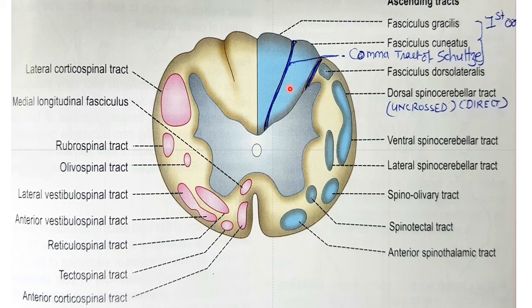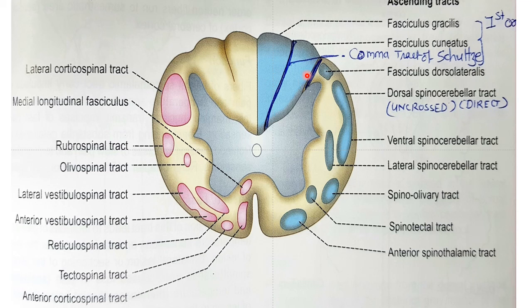So for the main ascending tracts, the white part is divided into 3 funiculi. Funiculus dorsalis has 2 main tracts, fasciculus gracilis and fasciculus cuneatus. These are constituted by first order neurons. Gracilis is present medially and carries sensations from the lower part of the body.